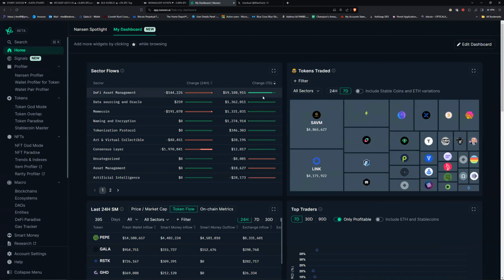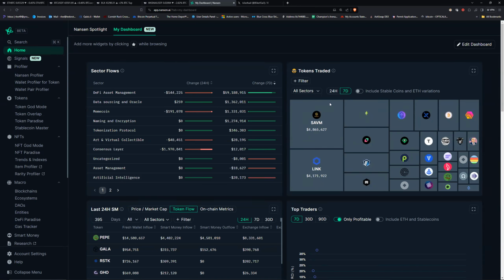Yeah, DeFi is still getting a lot of money poured into it. Data sourcing oracles, meme coins, naming and encryption. Really, these are the only ones to look at. The tokenization protocol sector has had almost 350K, so it's not bad to look at as well. But anything under that, there just hasn't been much money flowing through it.